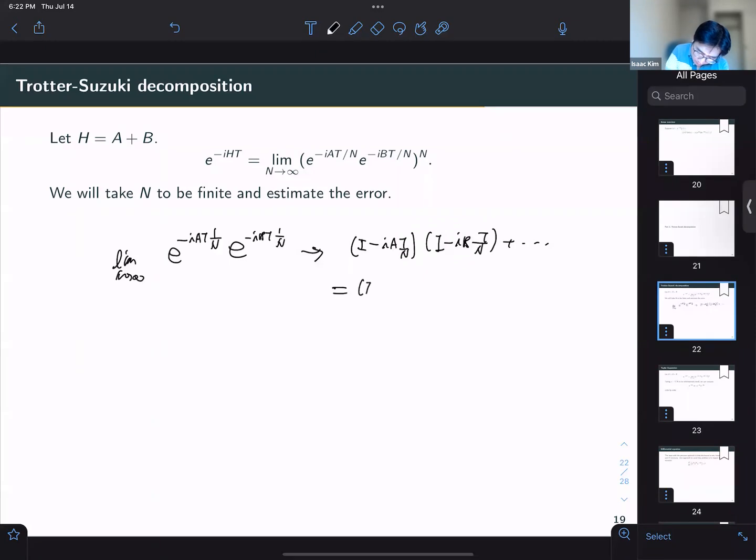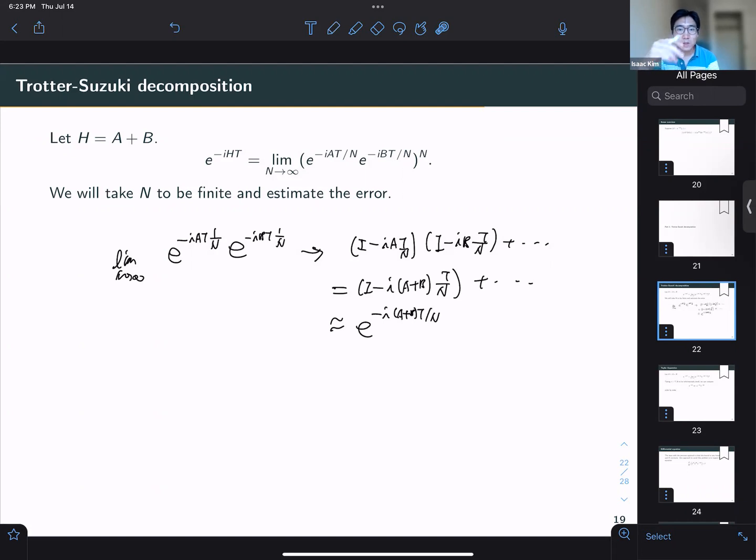And this is I minus i(A plus B)t/n, plus some subleading terms, which is roughly equal to e to the minus i(A plus B)t divided by n. So you then exponentiate with n, and you get the left-hand side.